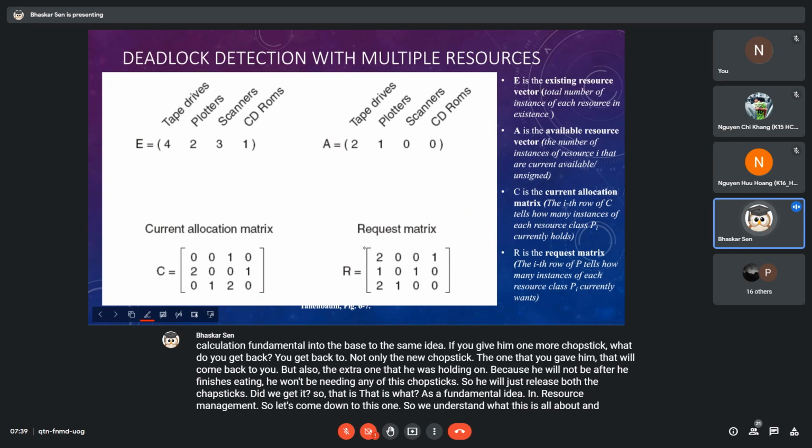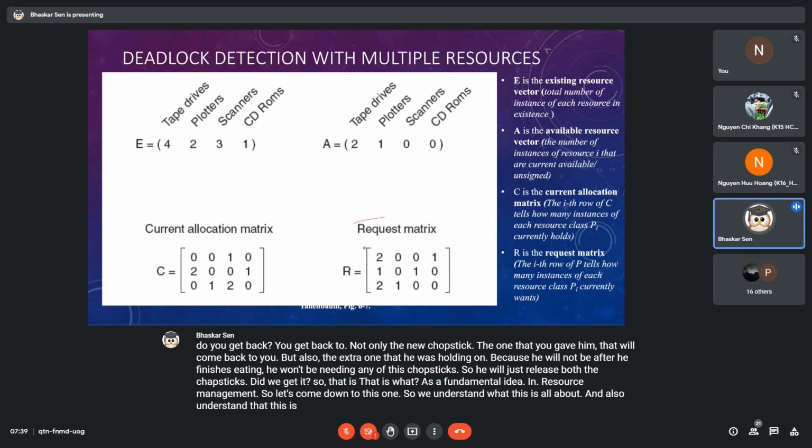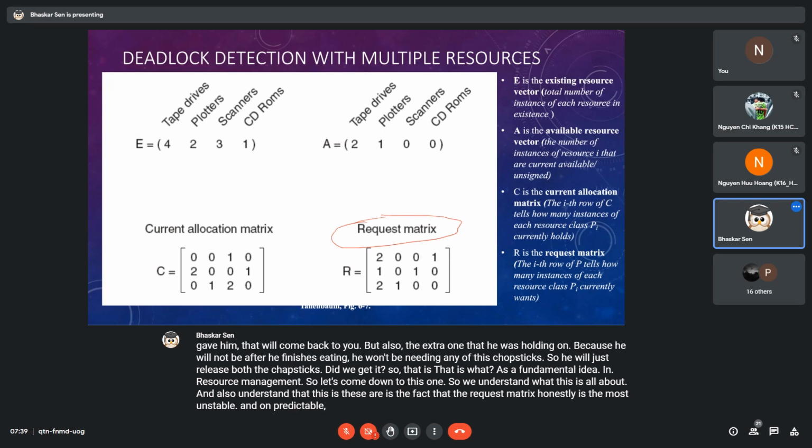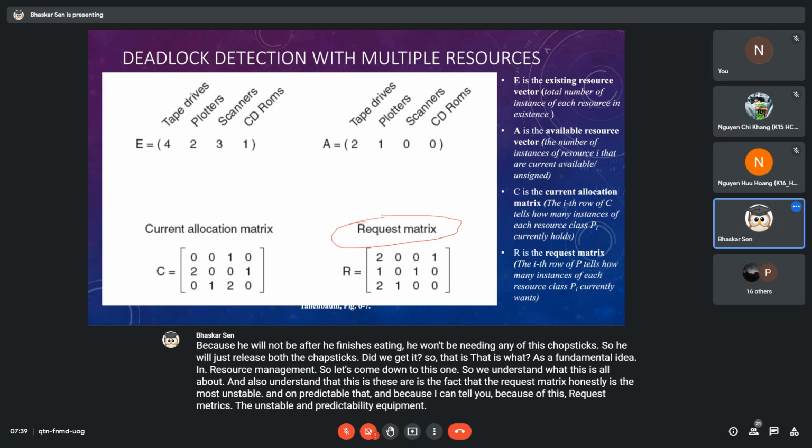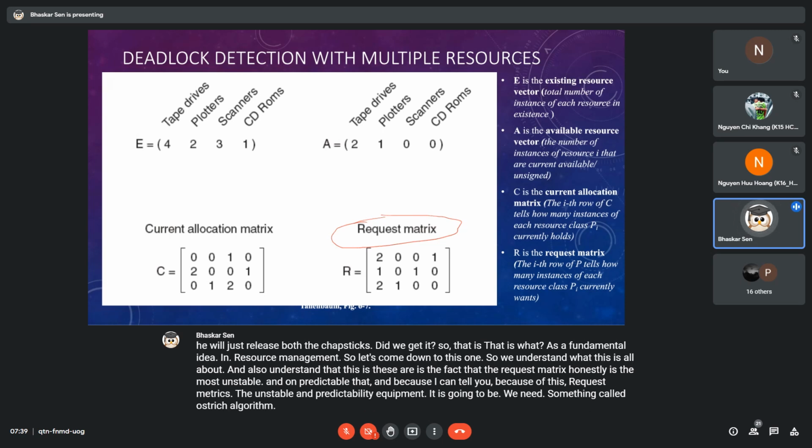Also understand that this R, the request matrix, honestly, is the most unstable and unpredictable factor. And because of this unstable and unpredictable request matrix, we need something called the Ostrich algorithm. You get my point?